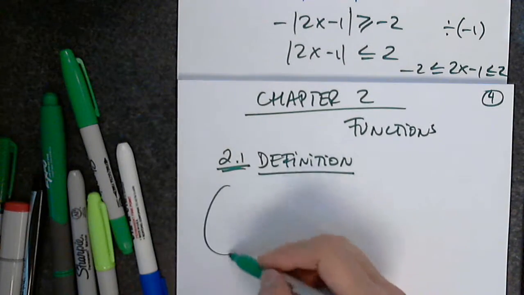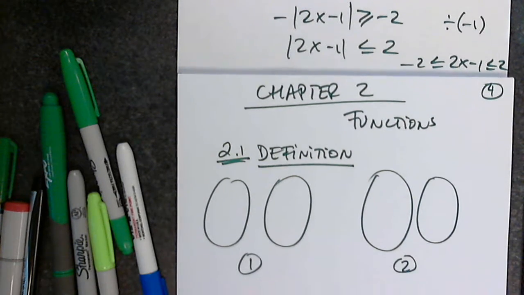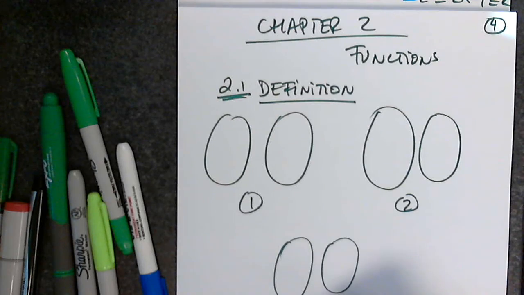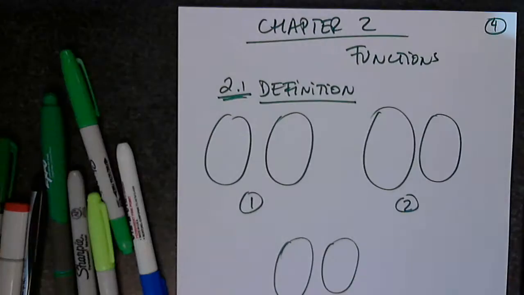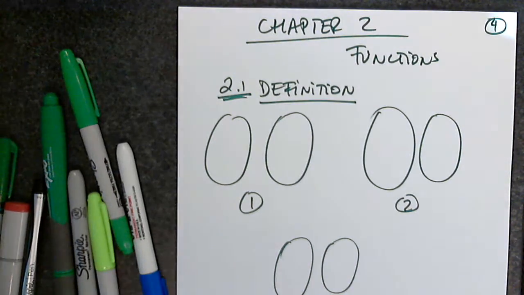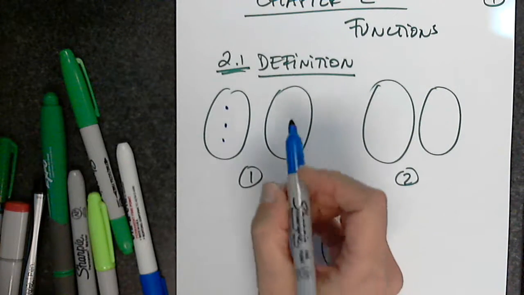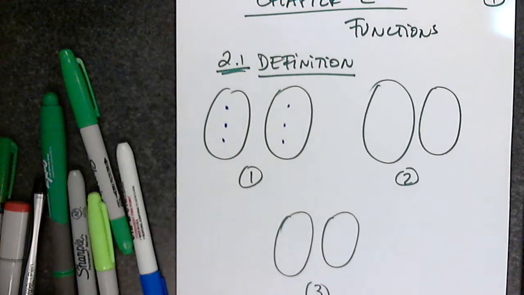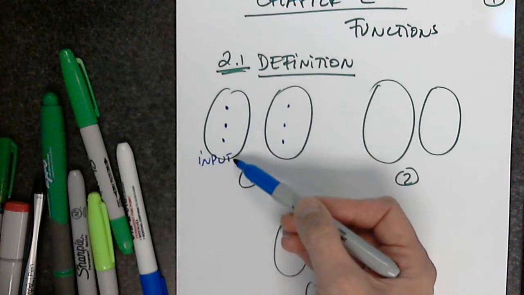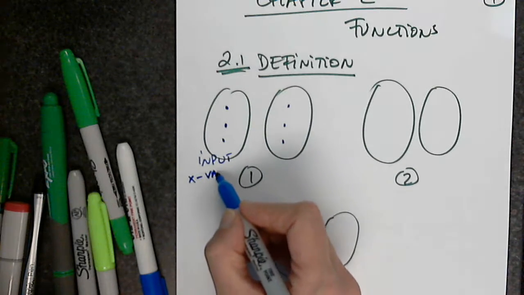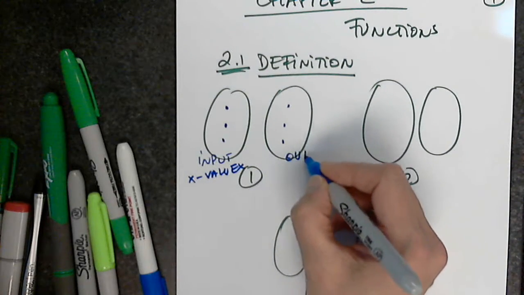If we are looking at three possibilities, possibility 1, possibility 2, and possibility 3, I'm going to put in some numbers. You can put any number you want. I'm going to say this is my input. It's in this set, the x values. The result is the output.